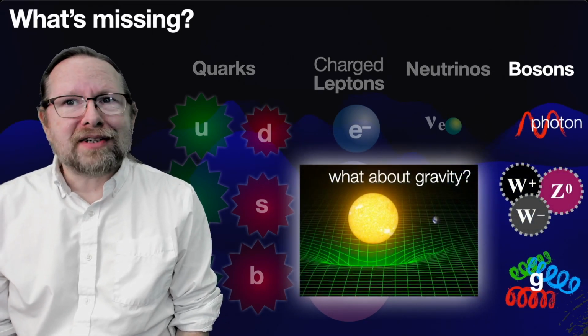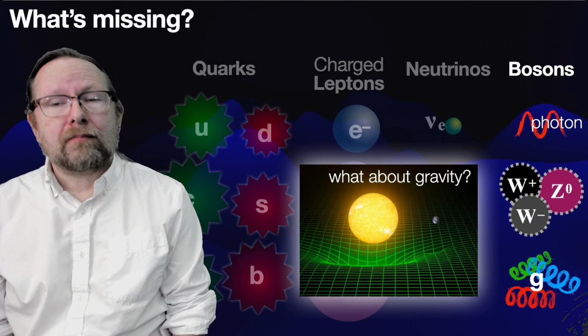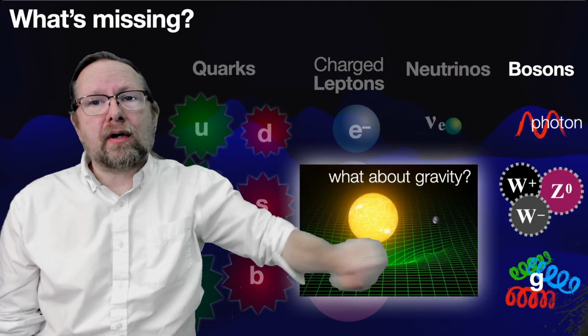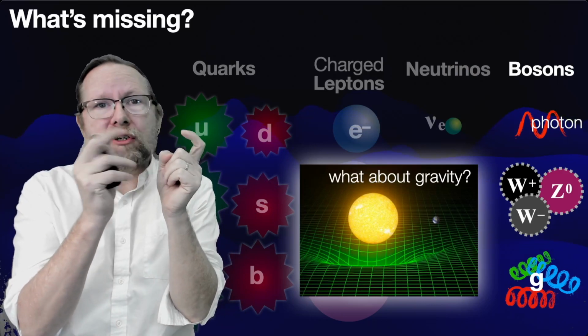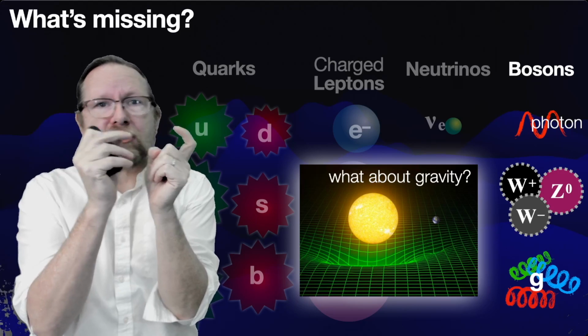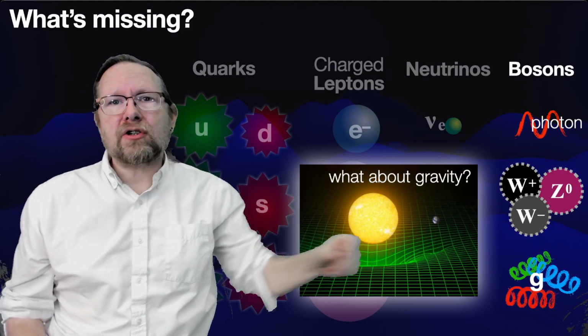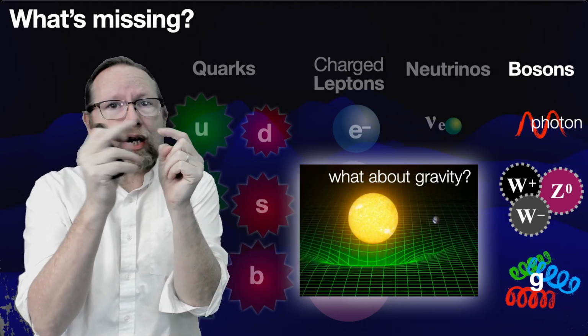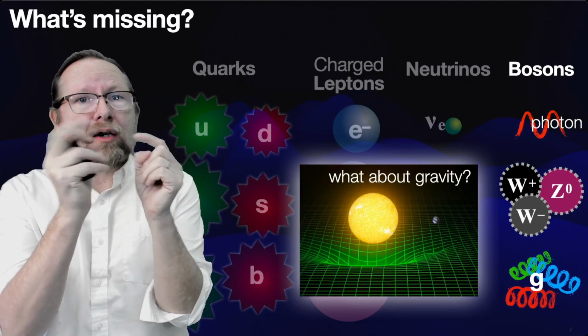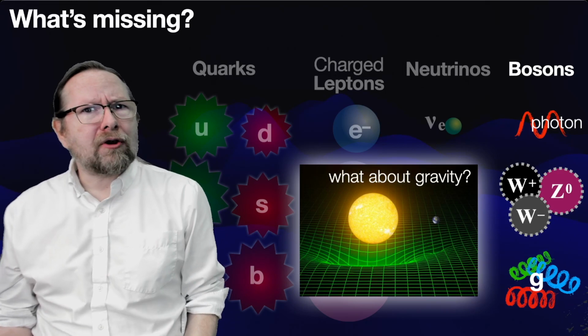The other thing that's missing from this picture is gravity. I said that all the interactions that particles have with one another are governed by these quantum field theories where they exchange particles. Electricity, two electrons exchange photons. The weak interaction, two neutrinos exchange Z bosons. The strong nuclear reaction, two quarks exchange gluons. What about gravity?